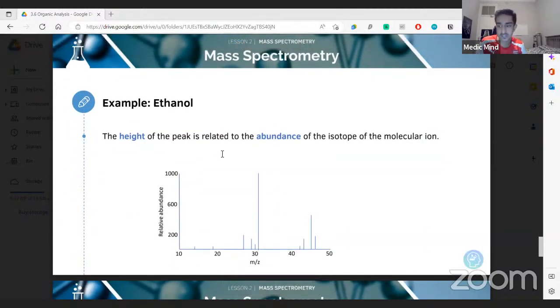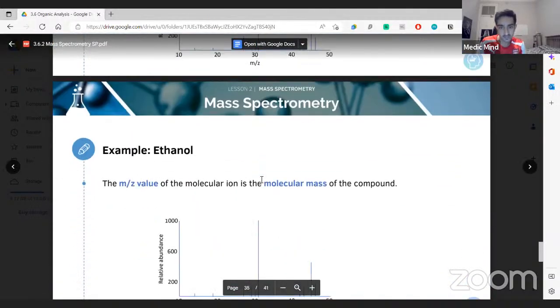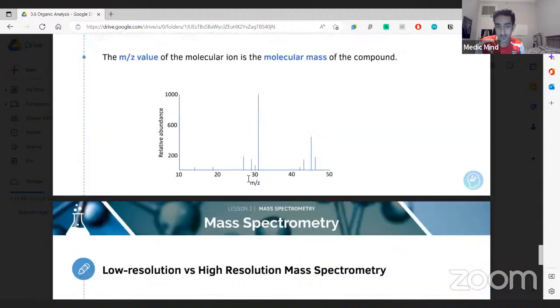And then the height of this peak relates to the relative abundance of this isotope of the molecular ion. You don't need to worry about that much. And again, the m/z value basically just means the molecular mass of that compound.